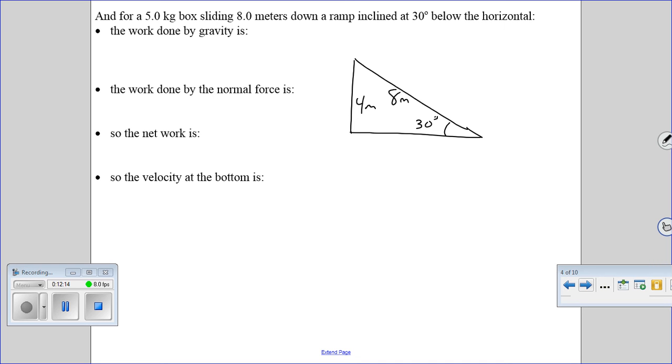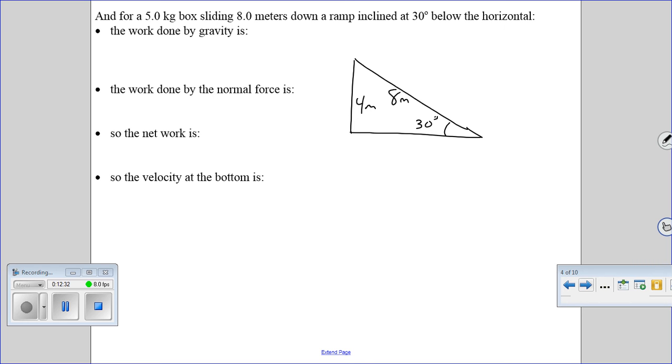I'm hoping this will help you see that there are different ways you can calculate the work here, and they all amount to the same thing. Okay? So, work done by gravity. Let's do it straight by using the equation.